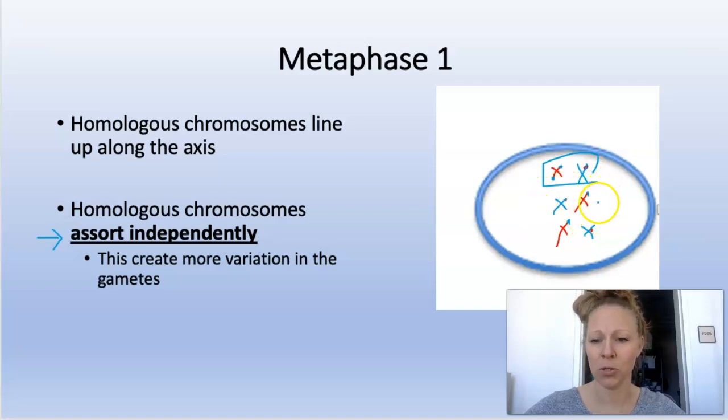These chromosomes are going to line up however they want, independent of what these guys are doing. So some of mom's are going to be on this side and some of dad's are going to be on this side as well. And that is what happens during metaphase 1: the homologous chromosomes line up along the axis, and when they line up, they assort independently of one another.